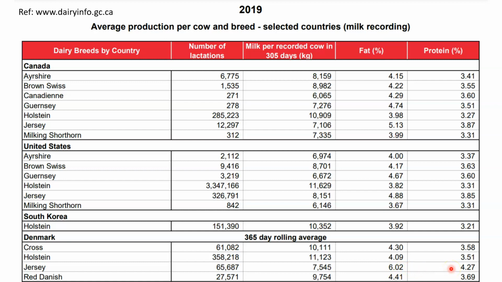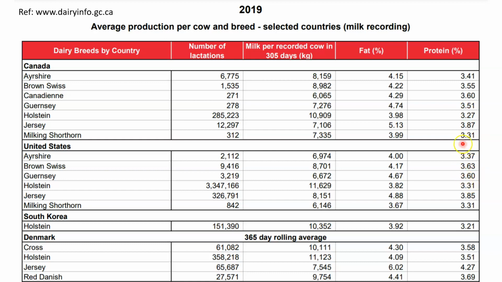This cannot happen overnight. This cannot happen within a decade. But over many decades, 50, 60, 100 years, this can happen. You can see such dramatic differences within the same breed, but within different countries, different ecosystems, and so on. So the take-home message here: I'm not expecting you to memorize these figures for each country and each breed, but I do expect you to give me a ballpark figure. If I ask you the typical protein percentage of milk and you tell me 2.5 or 4, 4.5, that's a wrong answer.